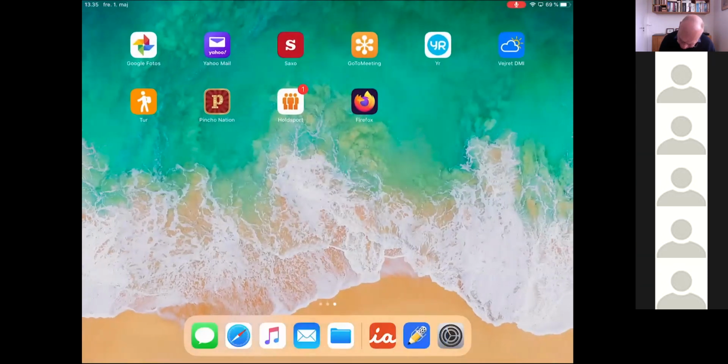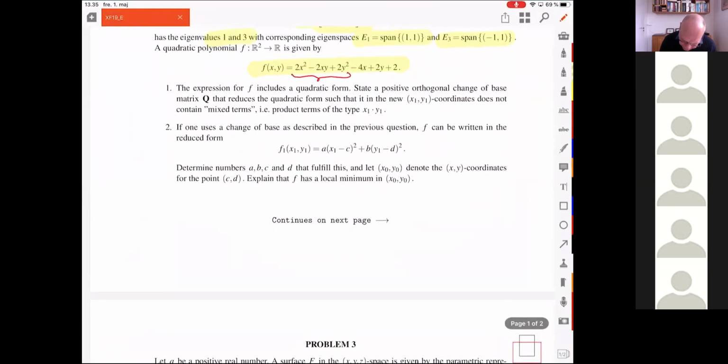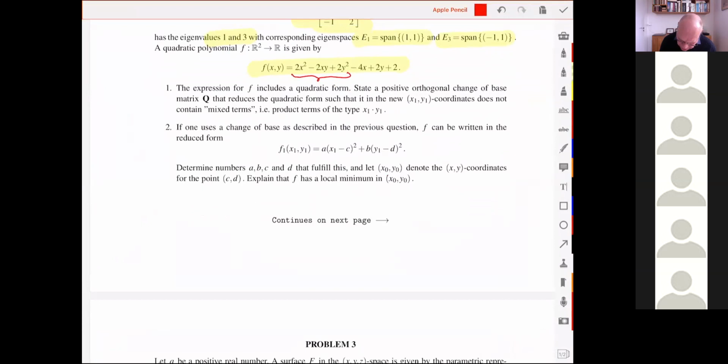Let us just look at the second part. Now we have determined A, B, C, and D. And now we have to find the number x0, y0 that corresponds in xy coordinates to the point c, d in x1, y1 coordinates.